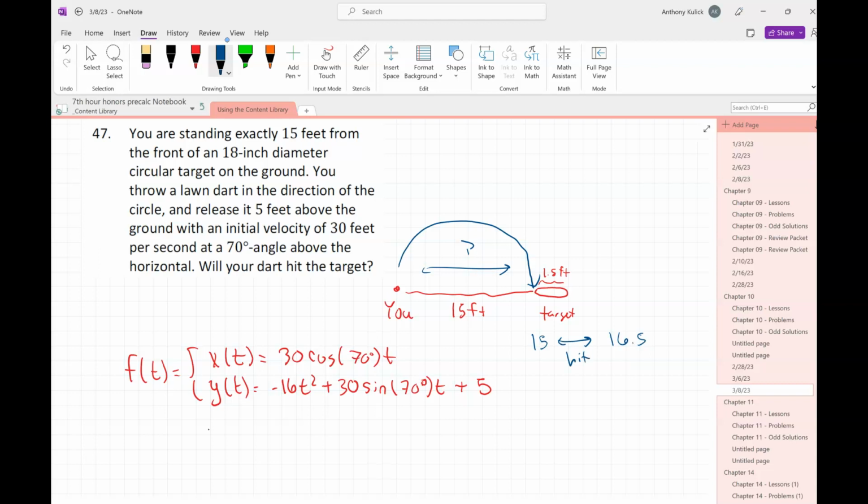So I'm going to take my y of t, set it equal to 0 to get my value of t, and I'll plug that into my x of t to figure out what that is. And if that number is between 15 and 16.5, yay! If not, boo!